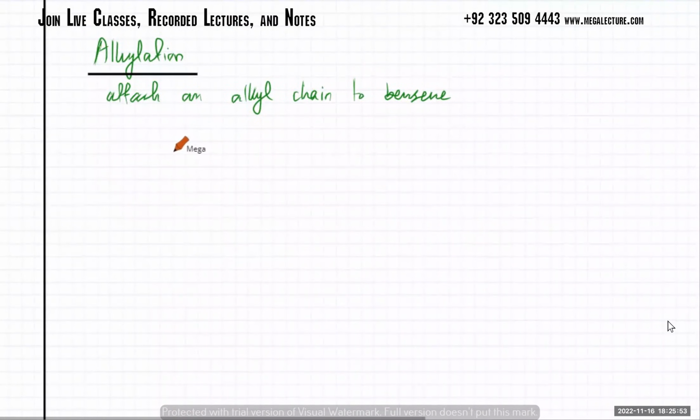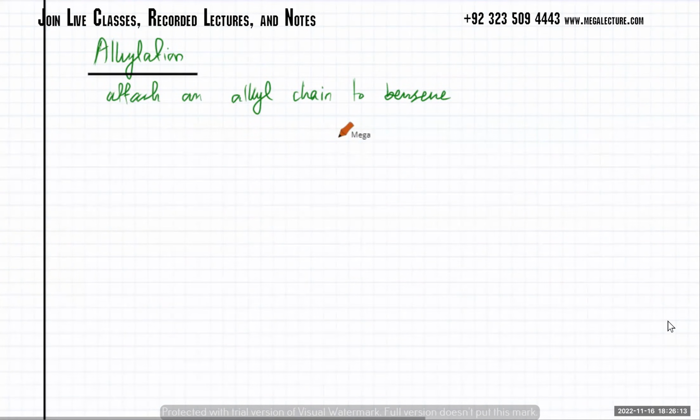Attach an alkyl chain to benzene. That's what alkylation is. This is also electrophilic substitution, by the way. They haven't asked for its mechanism, so let's not even write the mechanism.